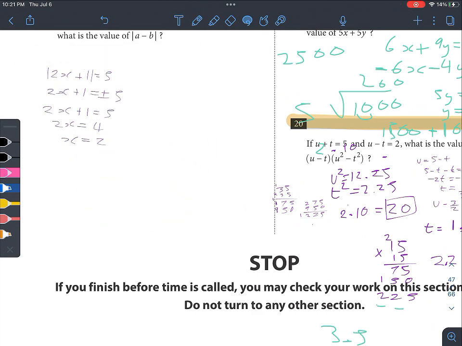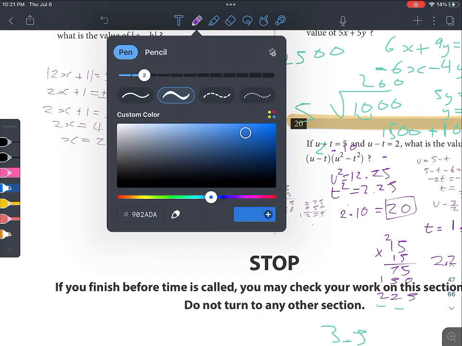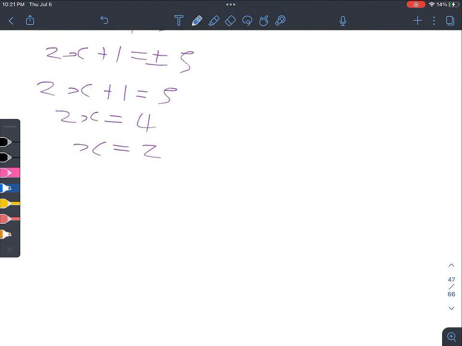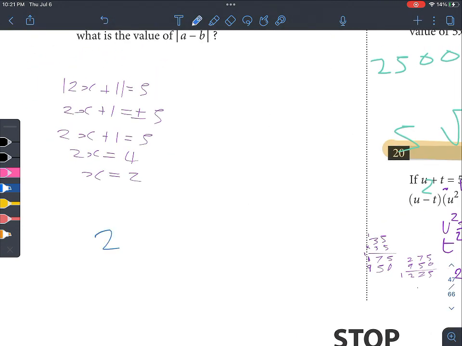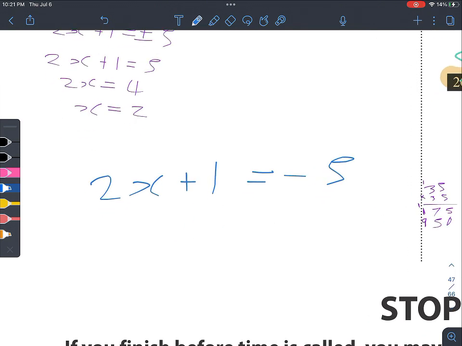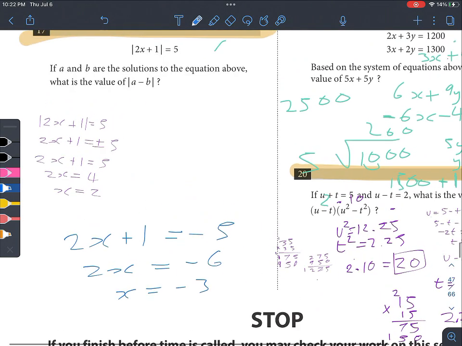Gonna shrink this real quick, and then let's use a different color marker just for the funsies sake. 2x, we're gonna go with the negative route, the bad ending if you will. 2x plus 1, then you subtract that. 2x equals negative 6, x equals negative 3.